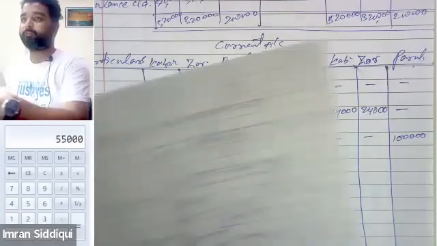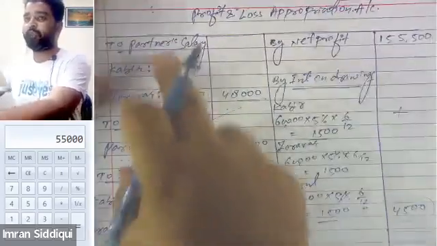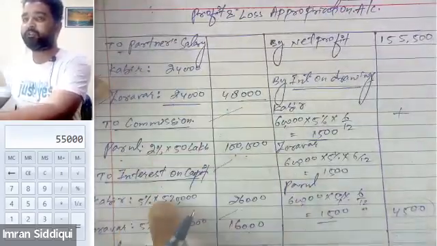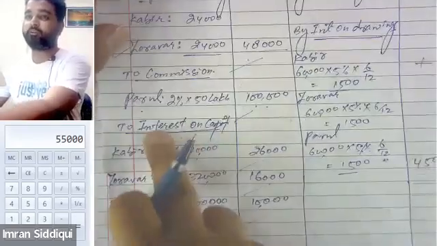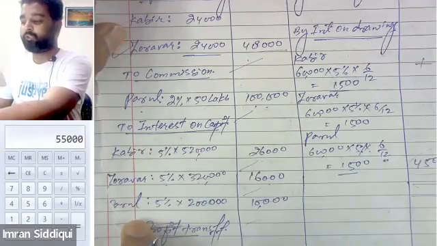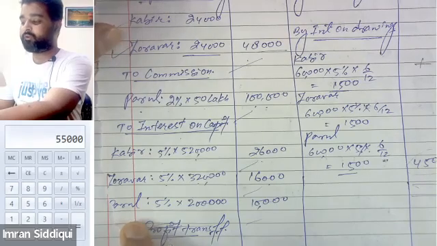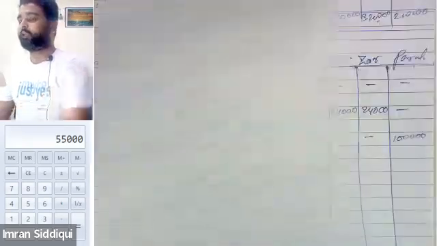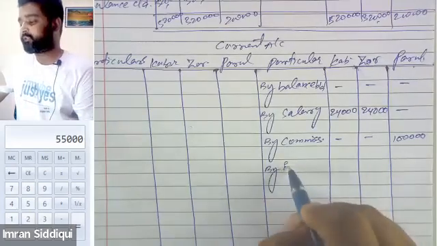After that, coming back to the P&L appropriation, look at the debit side and you will notice that after commission we have the other item, interest on capital. Interest on capital is being given to Kabir, Zoravar and Parul. All the partners are entitled to claim interest on capital. So we will go to the current account again and write down by interest on capital.